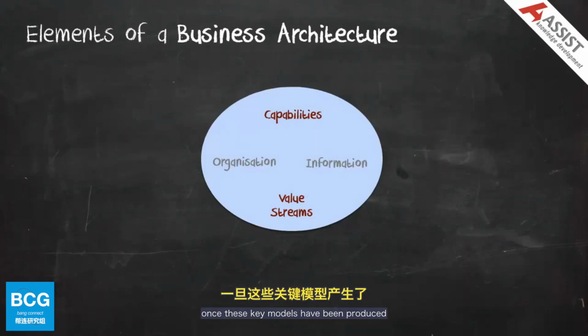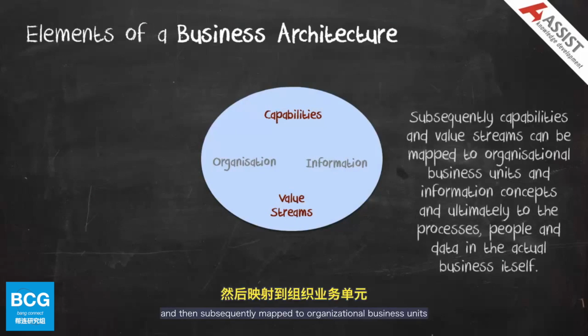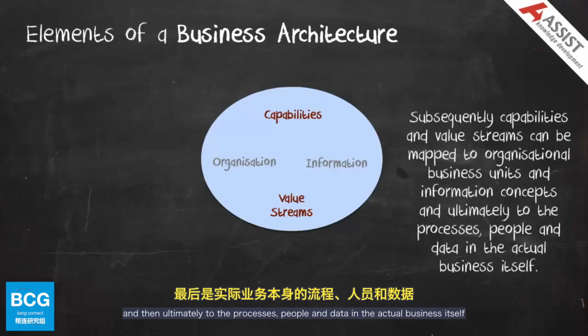Once these key models have been produced, they can be cross-referenced with each other and then subsequently mapped to organizational business units and the information concepts that support them, and then ultimately to the processes, people and data in the actual business itself.